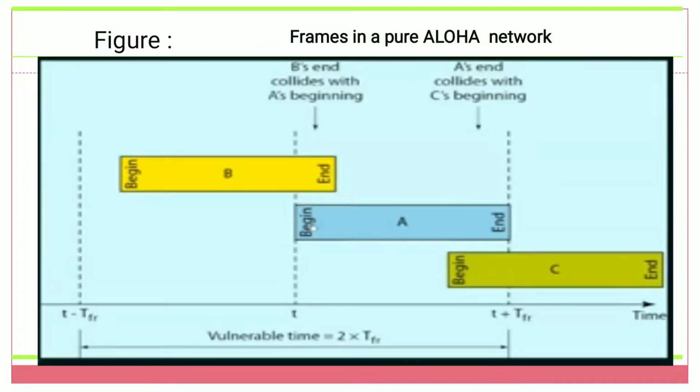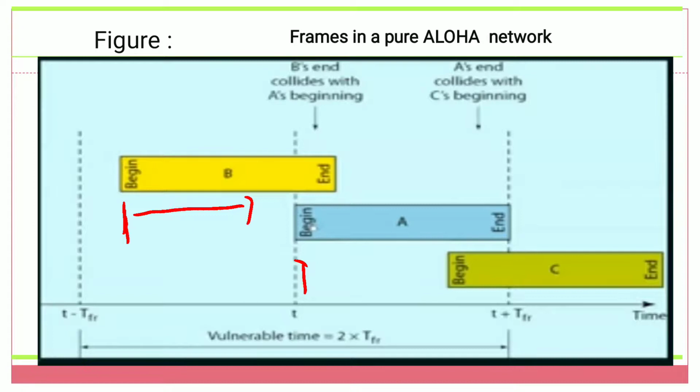Here we have senders A, B and C. If you observe, this is the timeline T. When B starts transmitting the data, there is no transmission of frames from A or C. B simply transmits the data, and it is in the completing stage, at the last moment, at the end of frame B, when station A starts transmitting in the same channel.